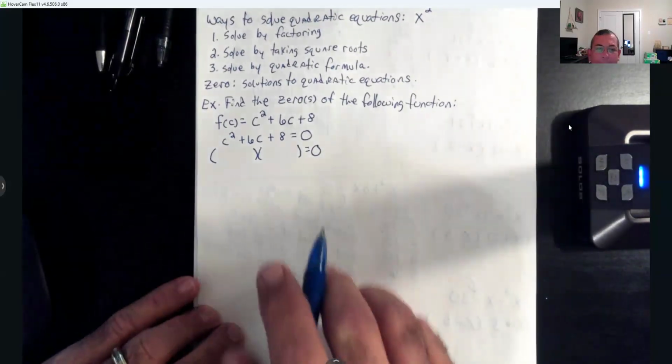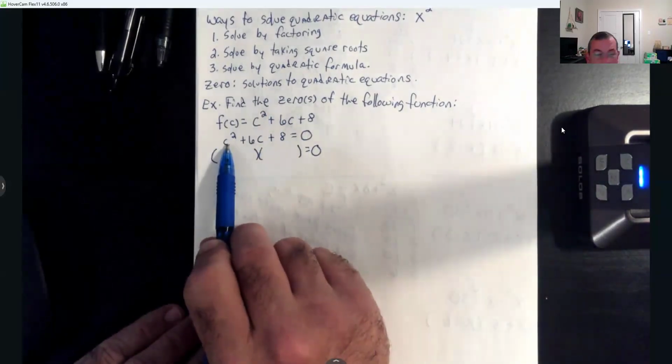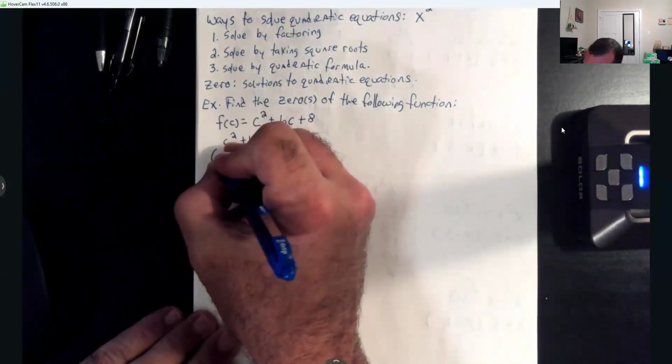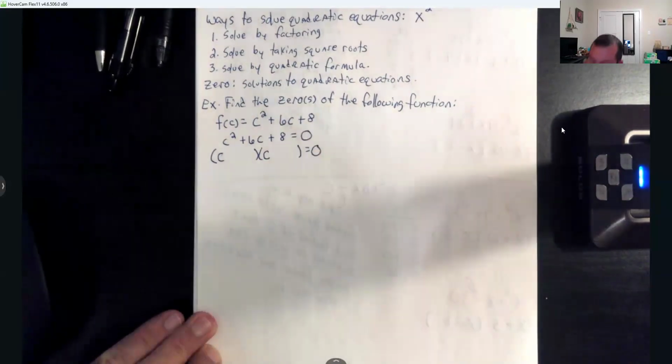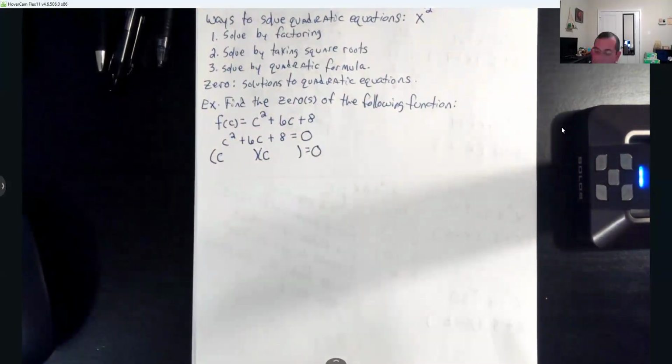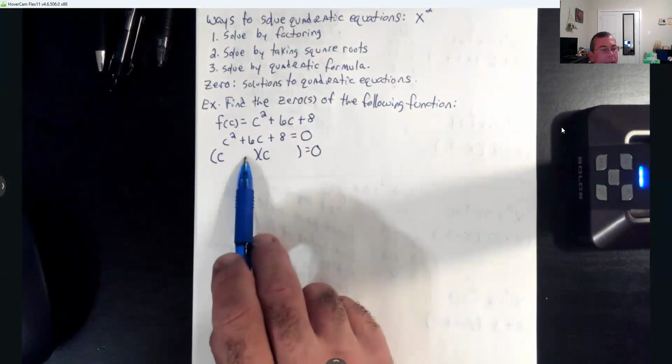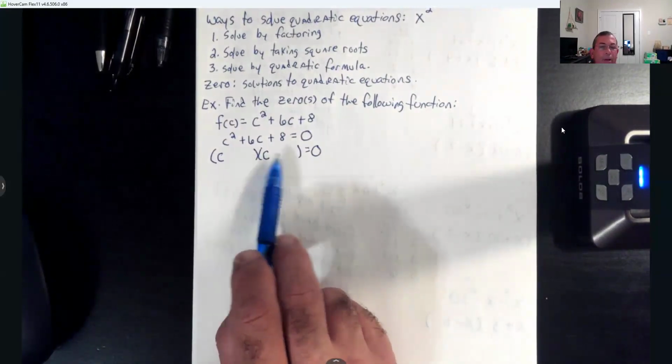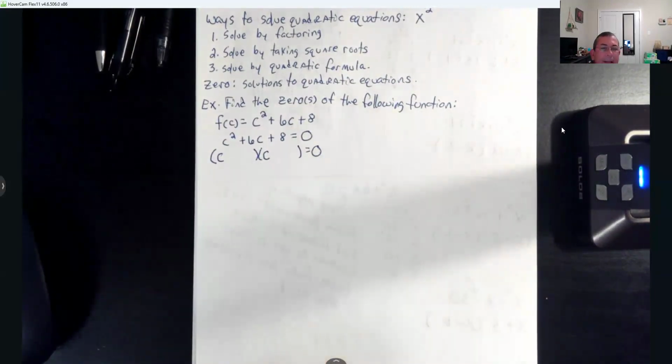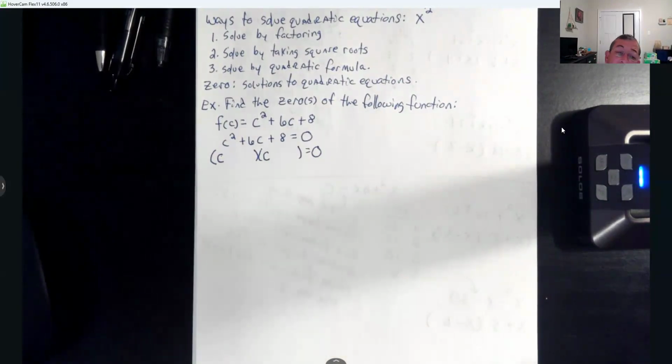we're coming back over here. C squared, we know, is a C and a C. So the question of the day, what's going in these parentheses? Pluses, minuses, and what numbers? What factors of 8 will give me a 6?